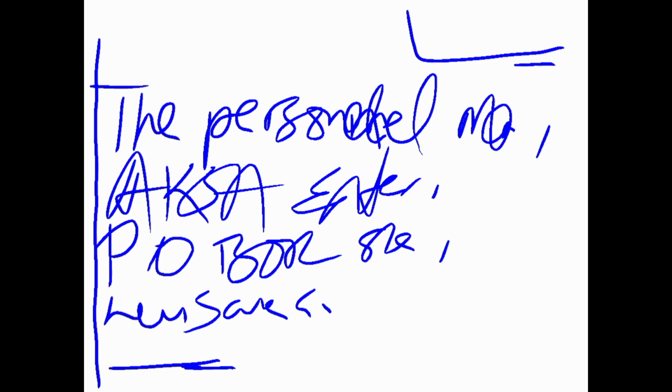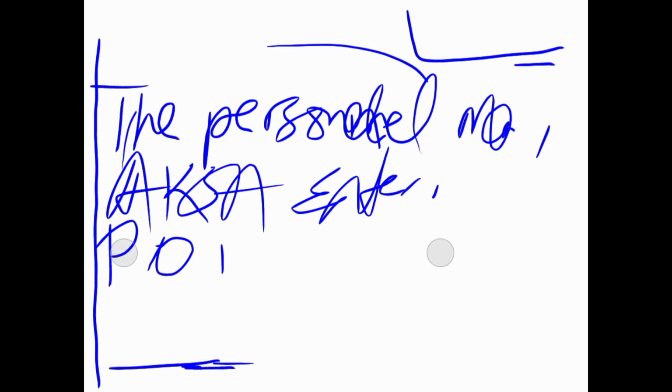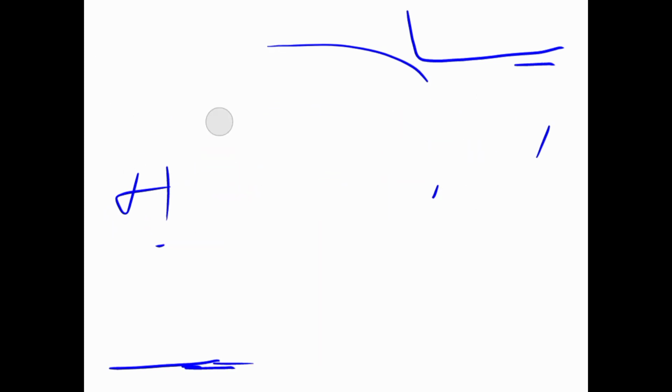Here, you don't need to start as if the salutation is part of this address. No, you need to leave a space. So you've written the sender's address, which is your address, and the receiver's address. Leave a space between the receiver's address and the salutation.